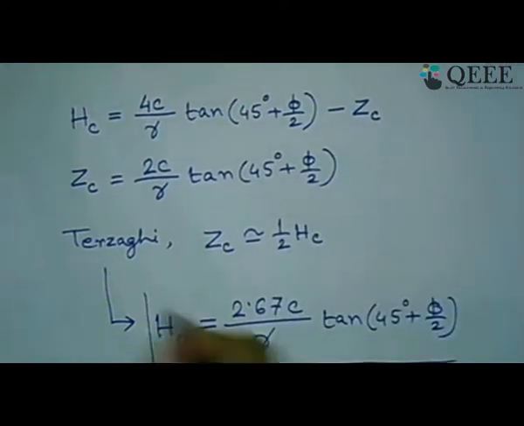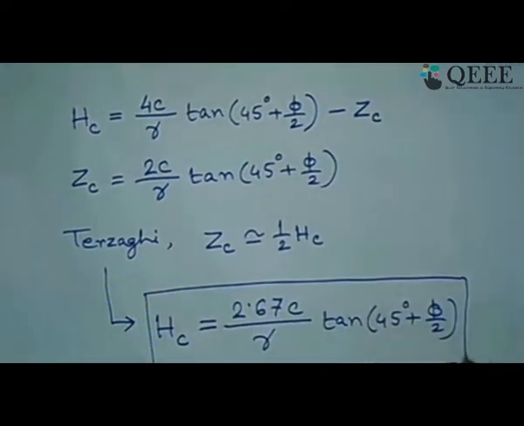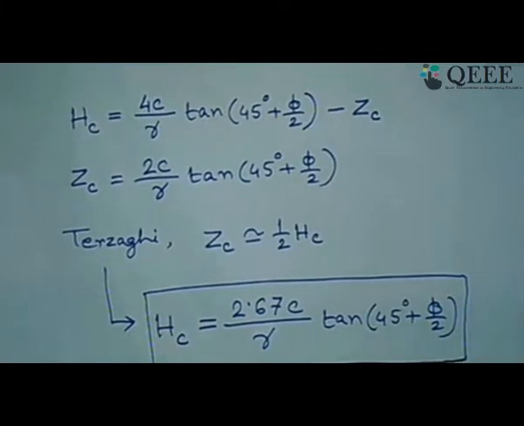So this is the actual or practical value of the vertical cut which does not require any kind of support in C-phi soil. Now if you have a phi equals 0 soil, essentially phi equals 0 means pure cohesive soil. That is one case.